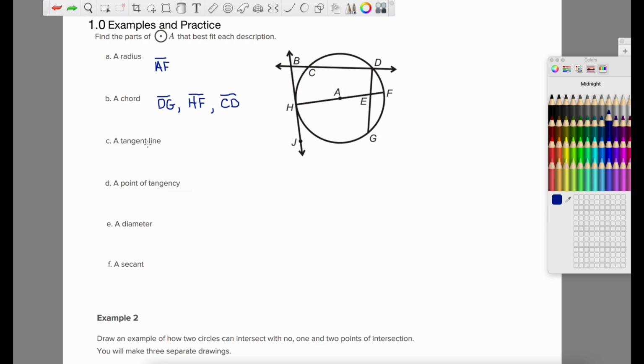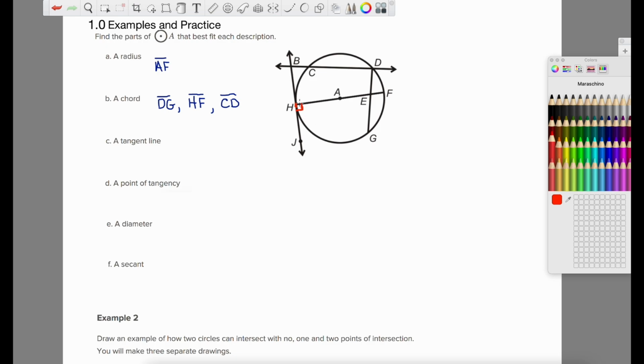Let's keep going. A tangent line. Well, it appears that HJ is a tangent. Let's go ahead and add a symbol here. Let's say that this is perpendicular, and if H is on the circle, then we know that this would be tangent, right?